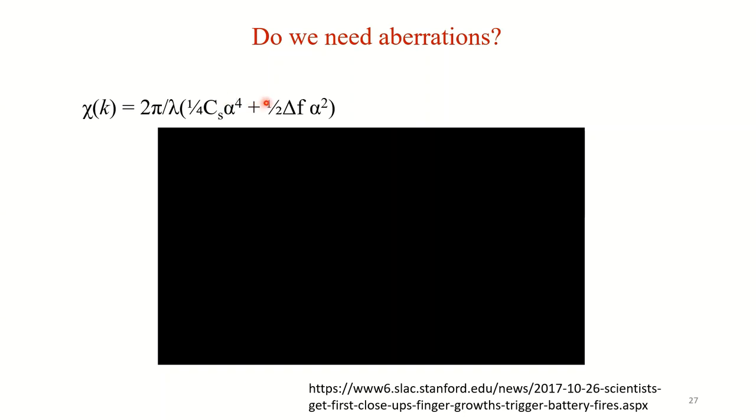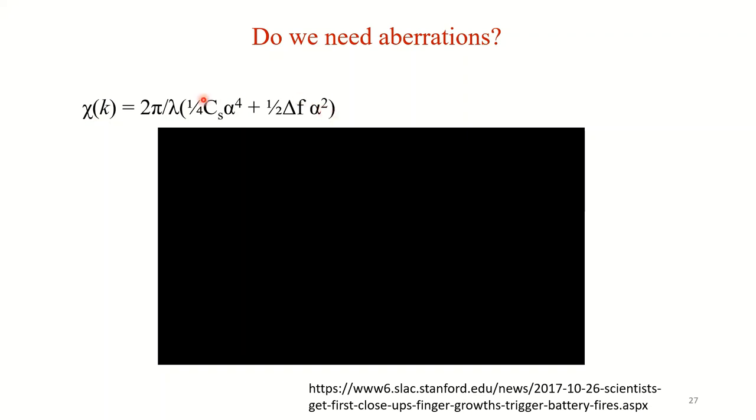So is it worth it, or is it wise, to make CS and delta F zero? In your contrast transfer function, you plot the aberration function chi of k, you plot sine chi of k versus k. k is the spatial frequency in reciprocal space, and that is your phase contrast transfer function.